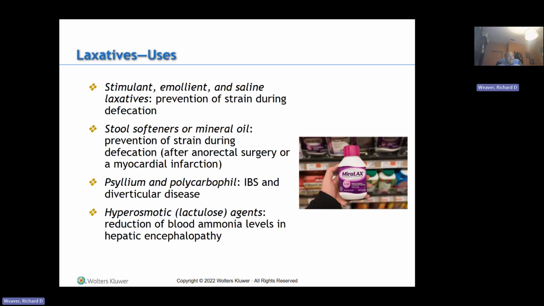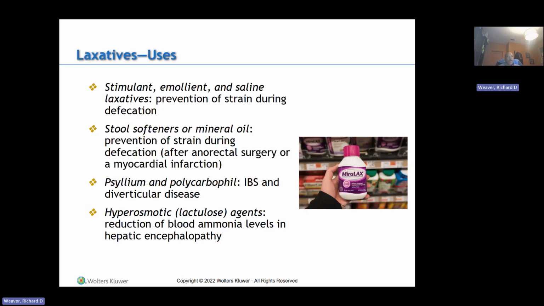All right. So in terms of laxative uses, the stimulant, emollient, and saline laxatives are used for prevention of strain during defecation, so that's what we're trying to prevent, straining as one is having a BM, and so these medications would be appropriate for that.